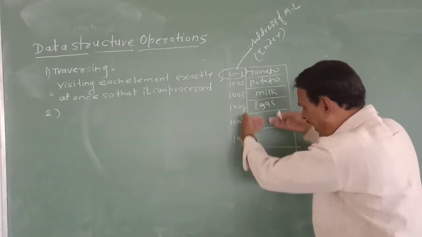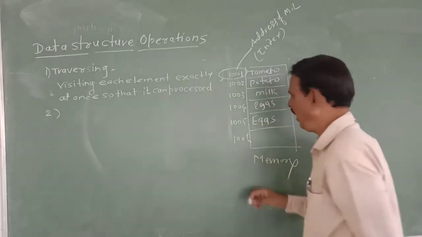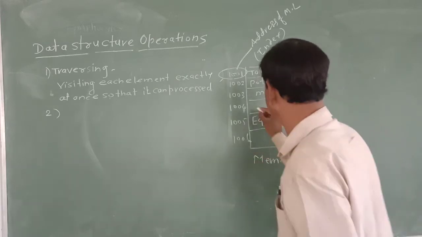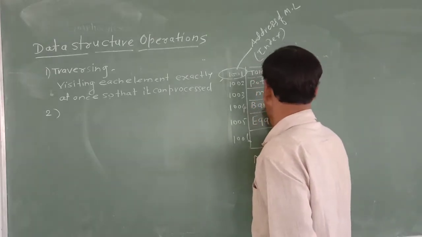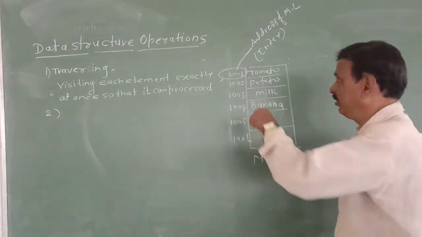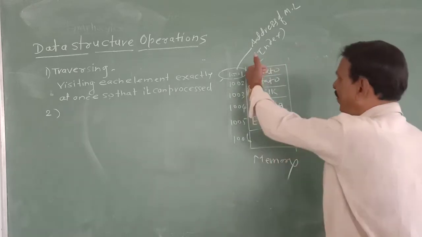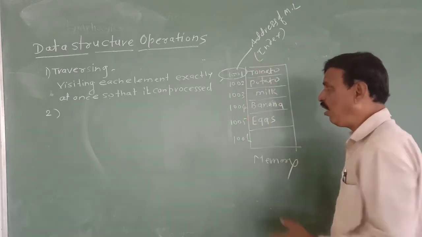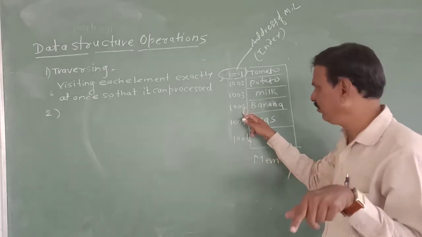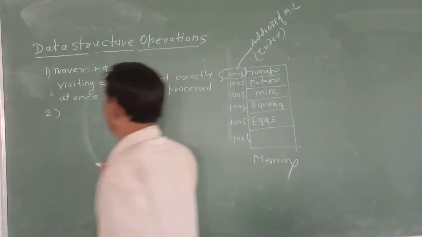I have to bring the eggs down here, and I can insert banana now. So see, the previous list was of 4 elements, that is tomato, potato, milk and eggs. Now banana is inserted at the 4th position, and thus eggs moves downside. That is called inserting.